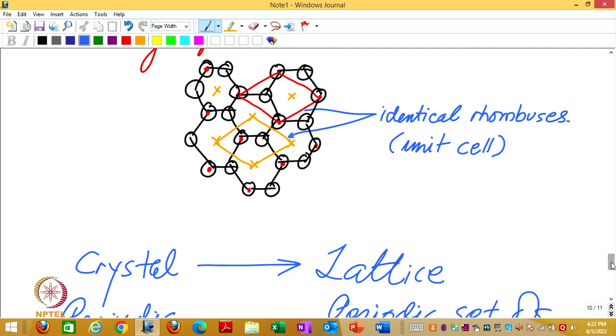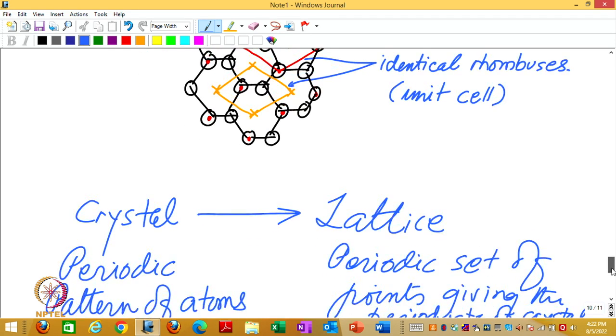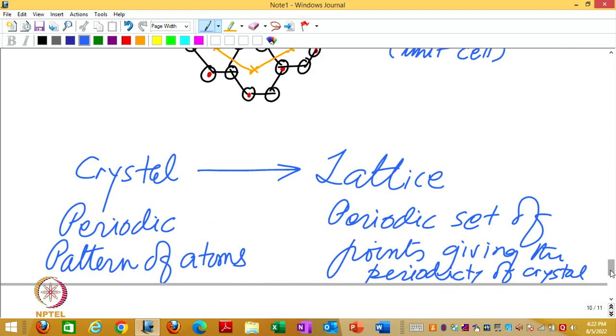So, from a crystal you can always derive a lattice, but from lattice to crystal is not a unique path. So, this is unique, but if you want to go back, some more information is required, and what is that information?